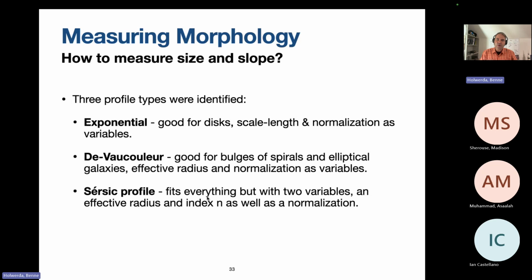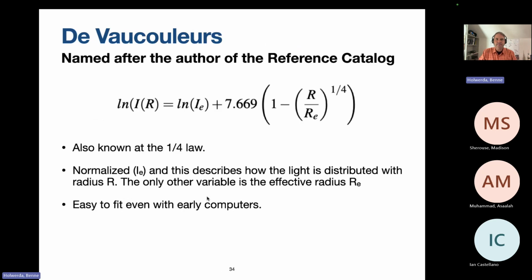The Sérsic profile also fits everything, but it has an effective radius and how the slope works, as well as a normalization. So it's three parameters, but it fits all of them, right? So it fits disks pretty well. It fits ellipticals pretty well. So it's a good way to describe all galaxies, or a reasonable way.